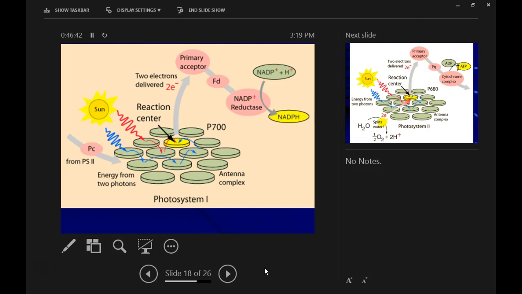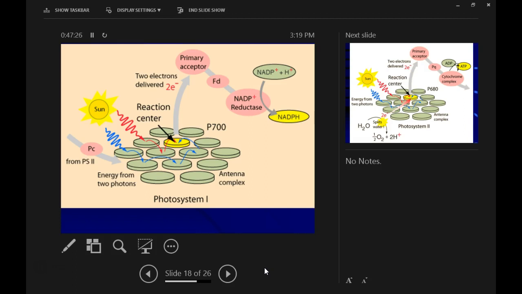These little chlorophyll molecules, their electrons get excited, they get boosted, they drop down, they pass their energy to the next one, to the next one, to the next one, until they hopscotch to our reaction center. At the reaction center, as you know, the electrons get boosted to a higher energy level, and then they get promptly stolen by a primary electron acceptor. And here's our two energized electrons now being held by this molecule here.